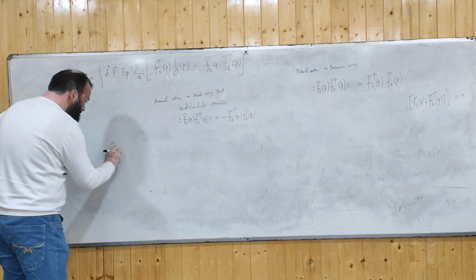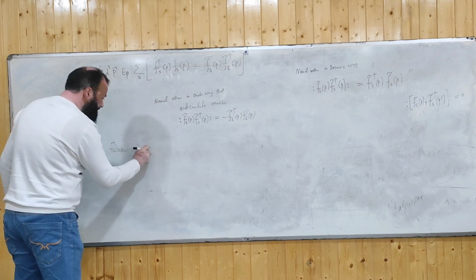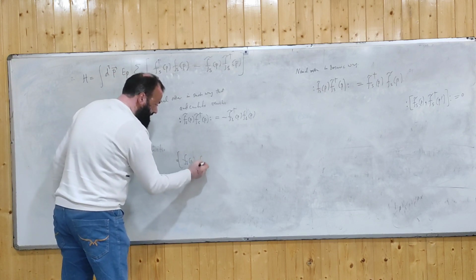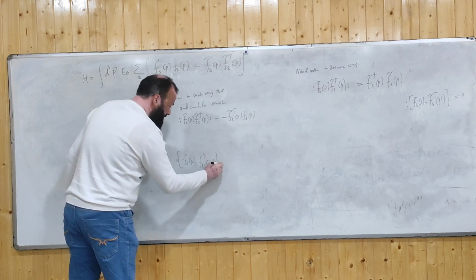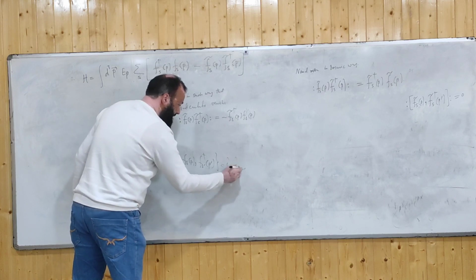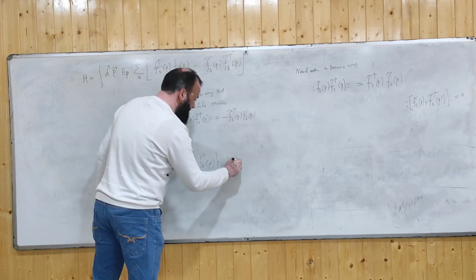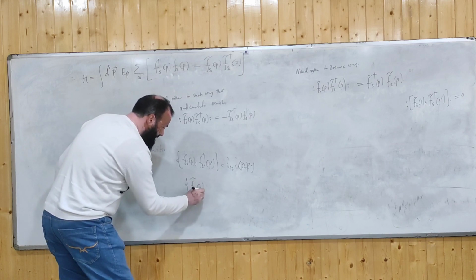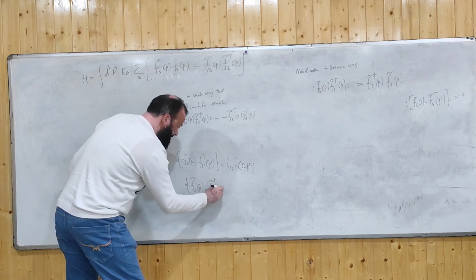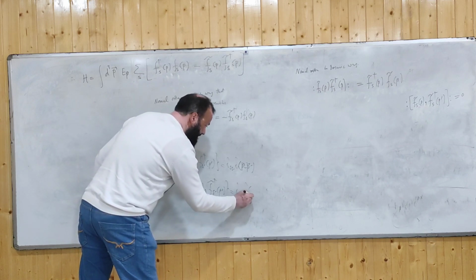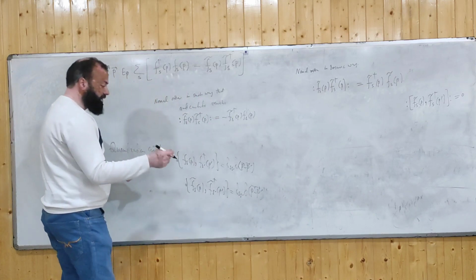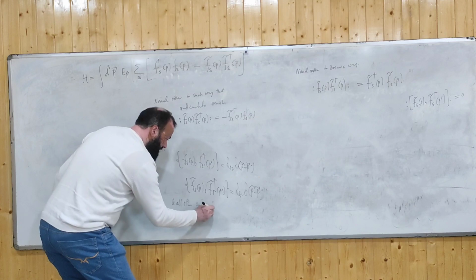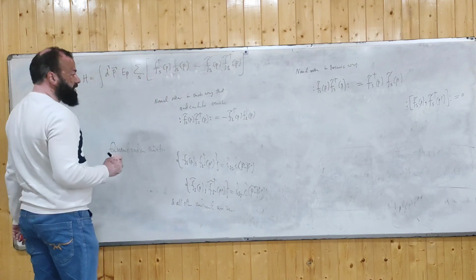The quantization condition I have used here is that F S of P, F dagger S prime P prime, is equal to delta S S prime delta P P prime, and similarly, momentum being a continuous variable, F S P F S prime P prime is equal to delta S S prime delta P minus P prime. Clear? And all other anti-commutators are 0.